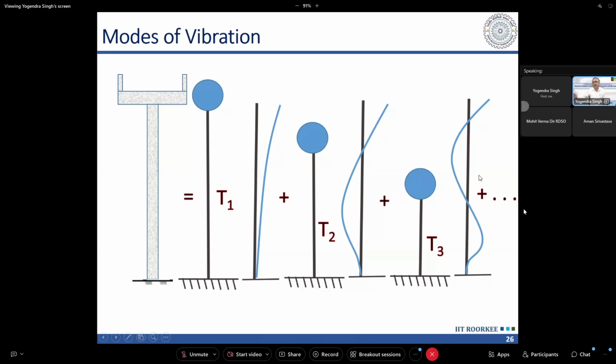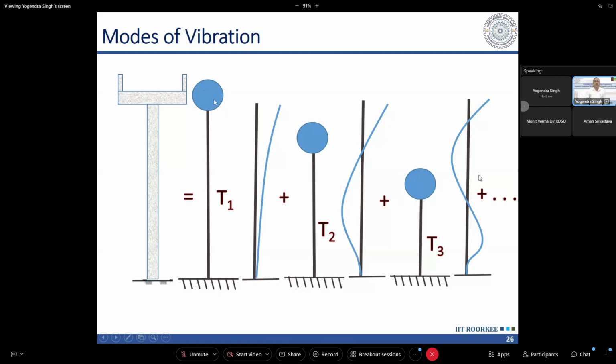The fundamental mode has the lowest frequency and the longest period. That's why I have represented it by the tallest single degree of freedom system, which will have the longest period. It will vibrate slowly. As the number of modes goes on increasing, the period goes on reducing, or the frequency goes on increasing. Not only is the frequency increasing, the contribution of these modes also goes on reducing.